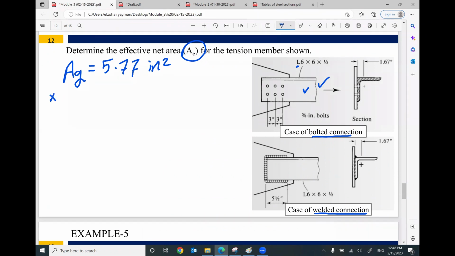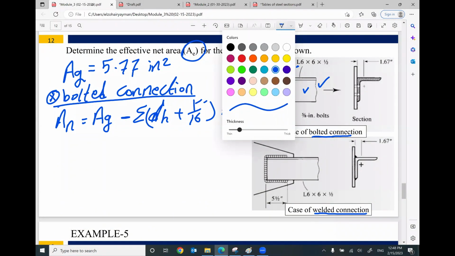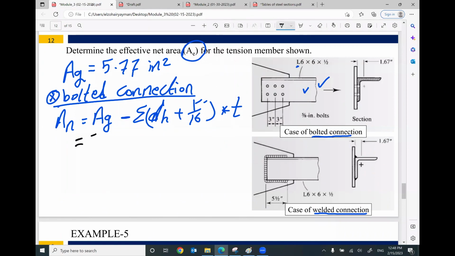In the case of bolted connection, your area net will be area gross minus summation of (d hole plus 1/16 inch) times thickness. Go ahead and put your numbers. Area gross 5.77 minus summation. Do you think summation means 6 bolts, 6 holes, or 2, or 1, or what?